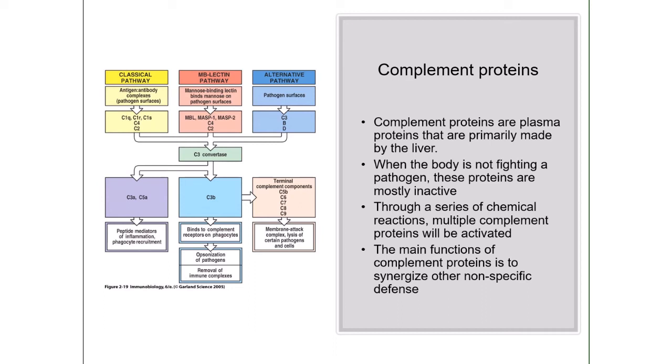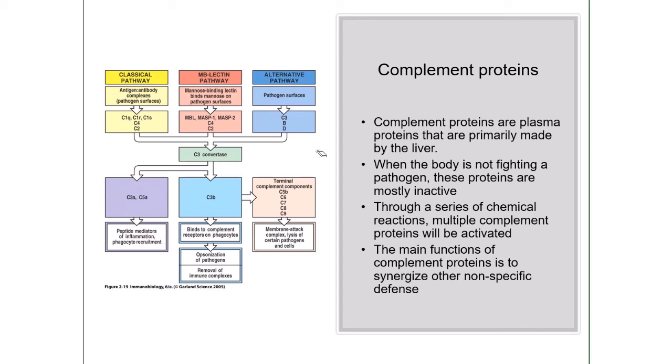It's very similar to the concept of clotting factors, like prothrombin and fibrinogen, which are not active until you need them. In the same sense, if you don't have an infection, there's no point turning on all these complement proteins.